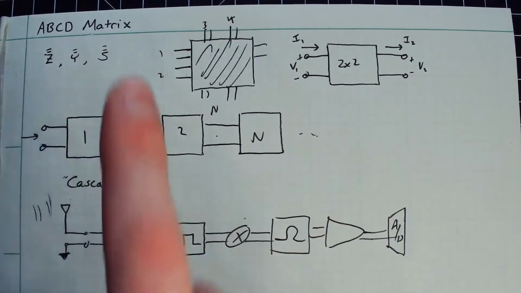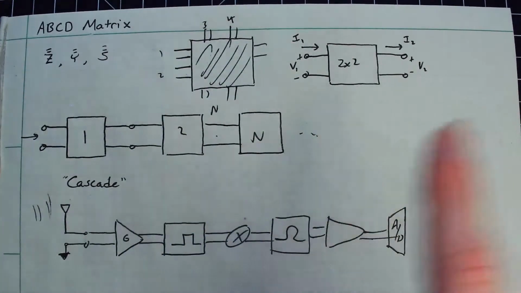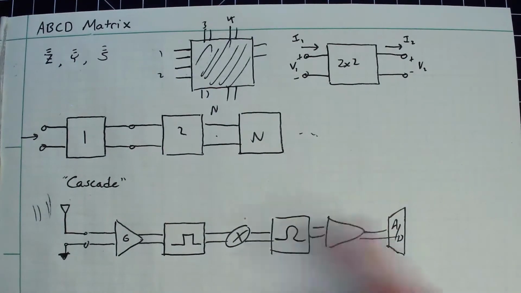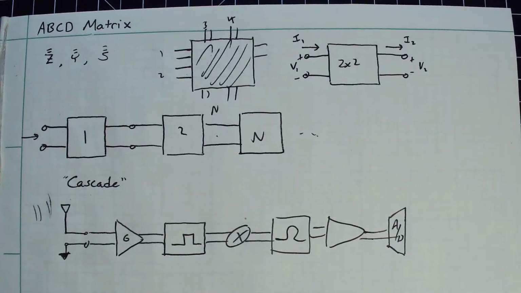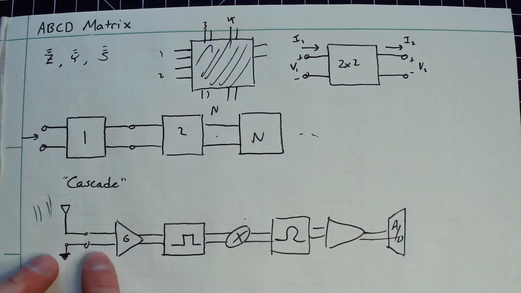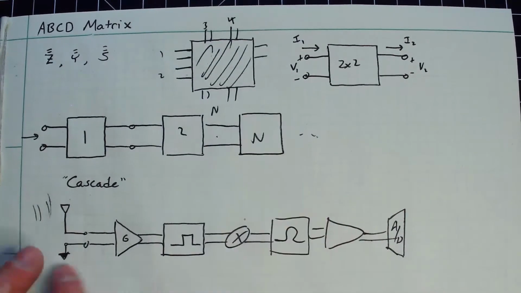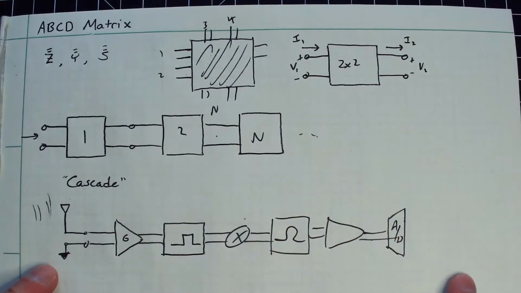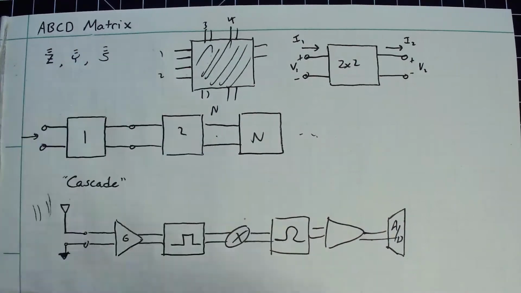So we receive, we amplify, we filter, we mix, we filter again, and then we amplify again, and then we sample, say. So it's more useful to think of these complex systems not as an n by n network, but rather one thing feeding into the next. So that is going to motivate our definition for the ABCD matrix.